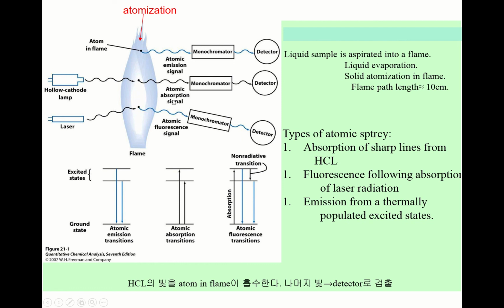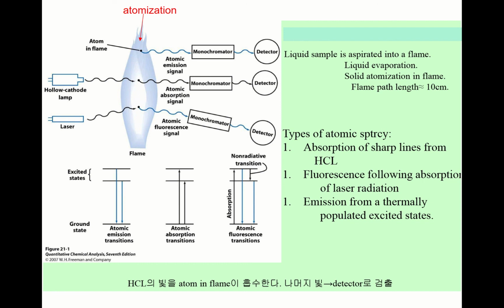And for atomic absorption spectroscopy, you need a light source. Let's say now you want to determine the concentration of iron in the sample. The iron-containing sample is totally atomized, and in this flame you have iron atoms.